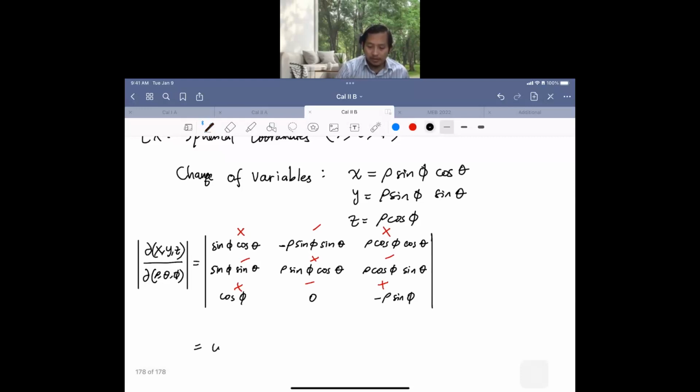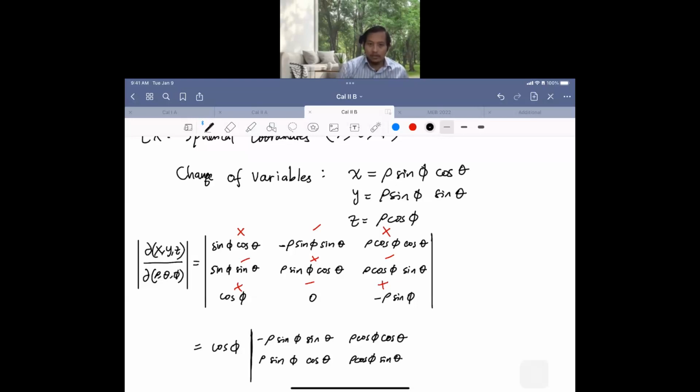So plus cosine psi, and then take the determinant of negative ρ sine psi sine theta, ρ cosine psi cosine theta, ρ sine psi cos theta, and ρ cos psi sine theta.